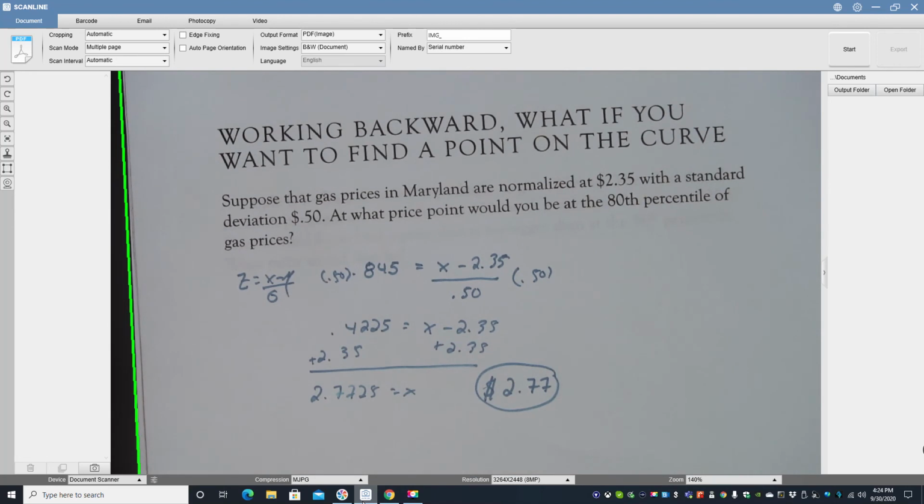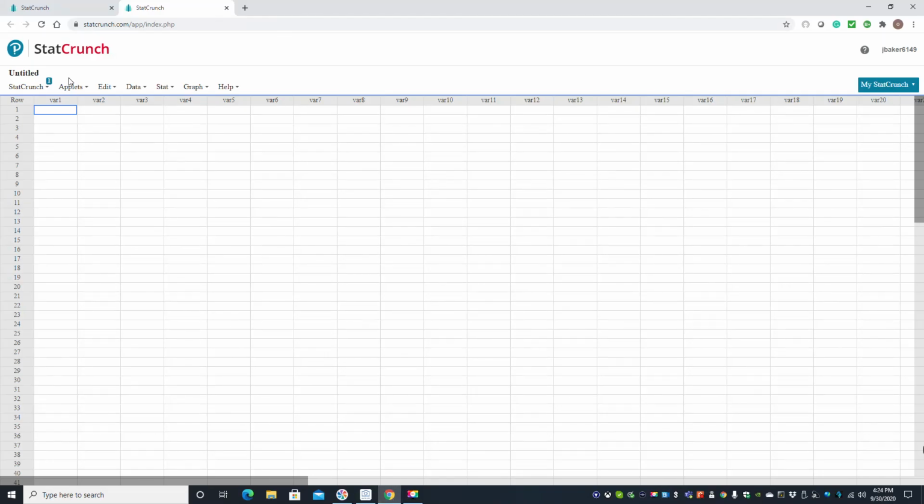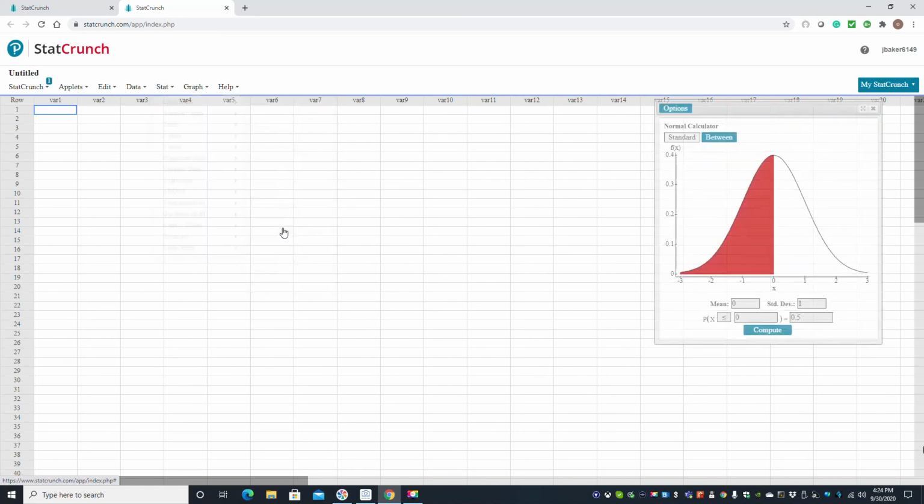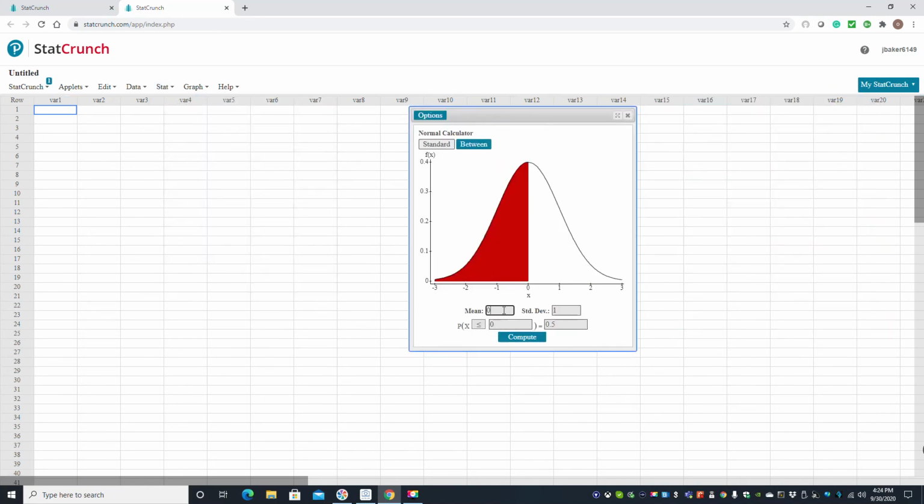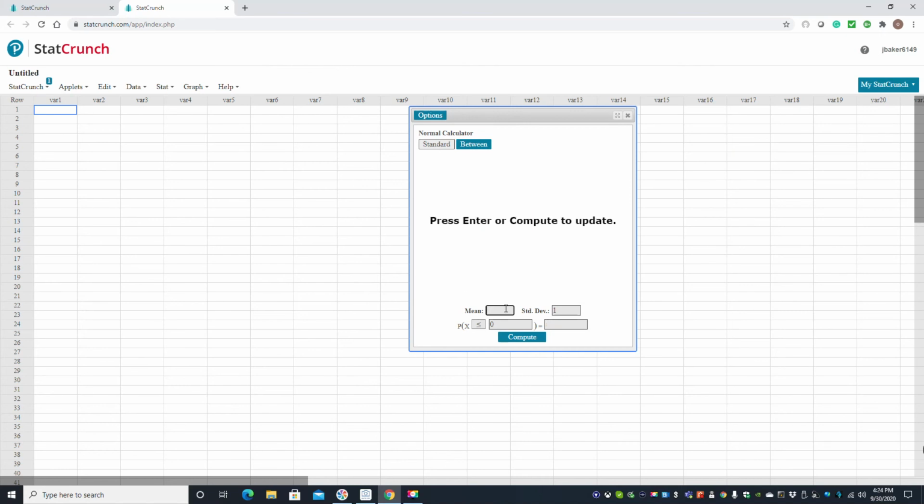But my students aren't a fan of doing it the algebraic way. So you can actually do it the old StatCrunch way by going into Stat, going to Calculators, going to Normal. So you'd have to put your $2.35 here, and you'd have to put your 0.5 here. And then we want the 80th percentile, so we keep that at less than and just put 0.80 there.